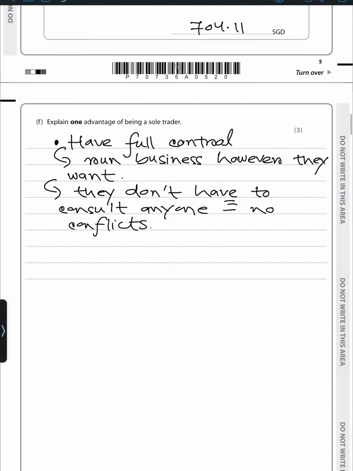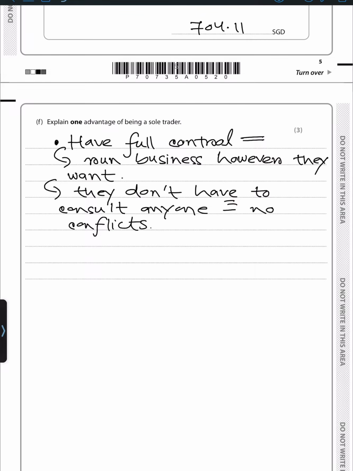So these are not 3 advantages. We are asked to write one advantage, and it is 3 marks. So we have thought about one advantage. This is basically the advantage, that they have full control. Now we have expanded upon that advantage. So why is having full control over your own business beneficial?